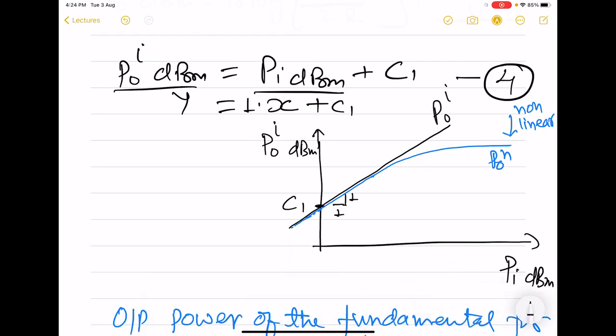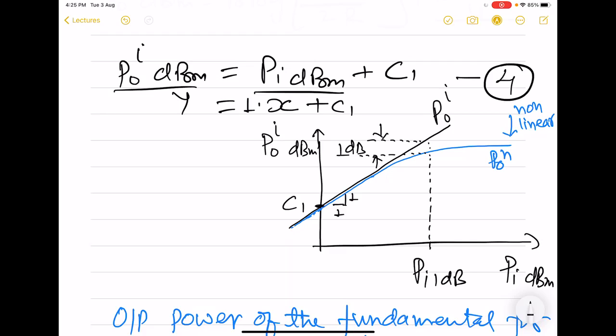Here you can see that there will be an input such that this difference in the output power for the two cases will be equal to 1 dB. Keep in mind that both the powers are in dBm, so their difference is going to be 1 dB.